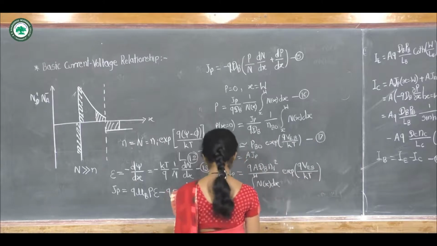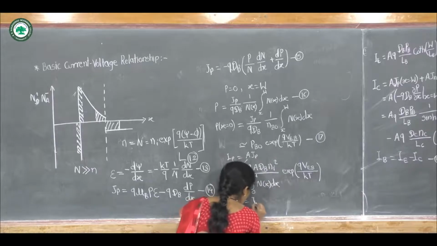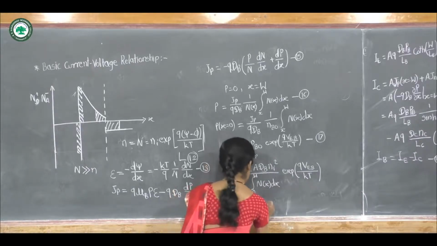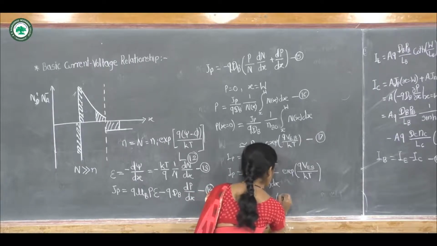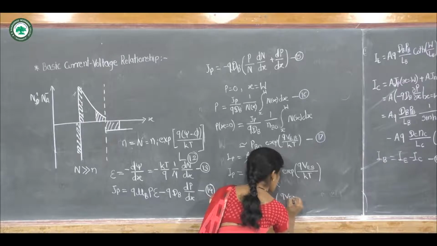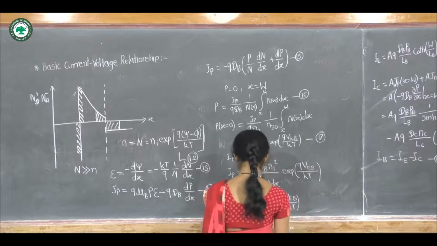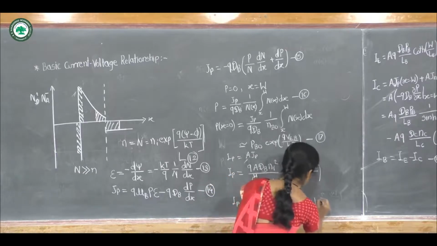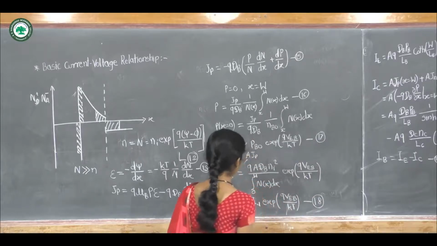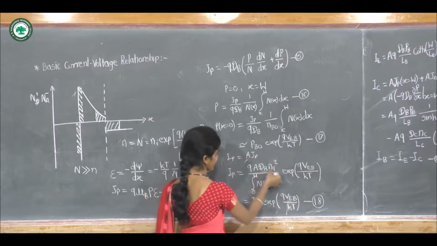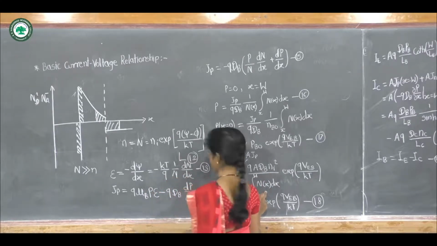Or this Ip can again be written as Ip is equal to IL into exponential of Q VEB by kT, and this is equation number 18, in which IL is nothing but Q into A into D_p into Ni square upon the integral over 0 to W of n of x dx.